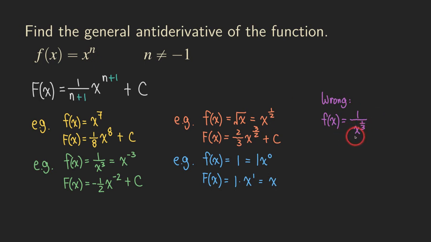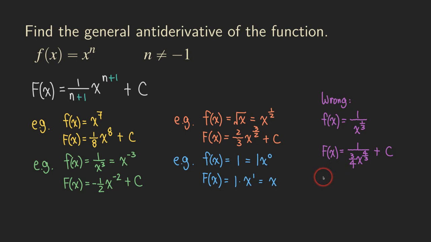But it will be wrong if you just do it in the denominator. So if you add 1 to the 1 over 3, then you get 4 over 3, and then 3 over 4 in the front, and then you put the plus c. That will be wrong. So make sure you don't do that. Always write it as x to some power before you apply the formula.